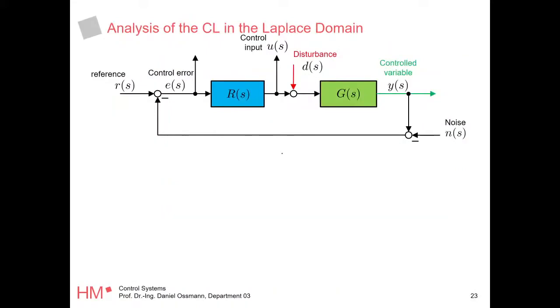Okay, next thing we're going to talk about is the transfer function from the disturbances to our controlled variable. So basically what this says: how is the disturbance at the input influencing my controlled variable? So think of the aircraft example. How is my side wind, front wind, or when you think of a car, like a bump or whatever you like, how is this disturbance influencing my output?